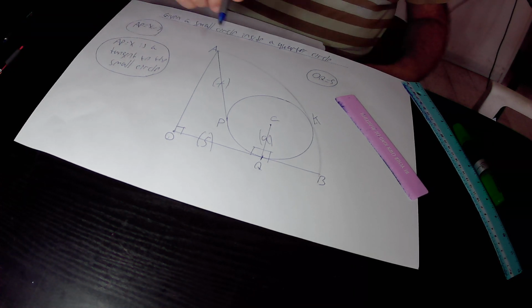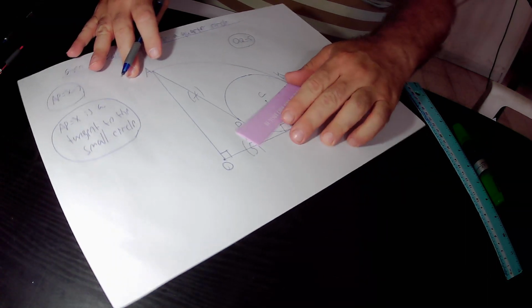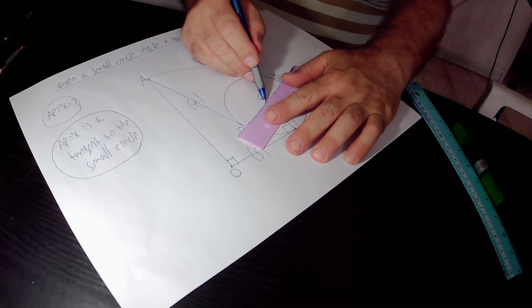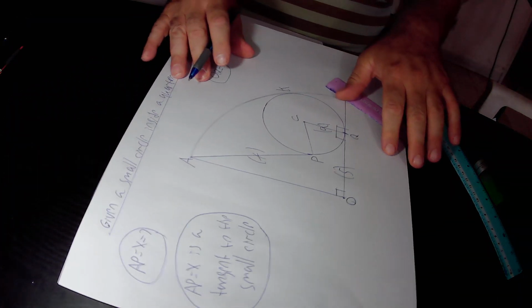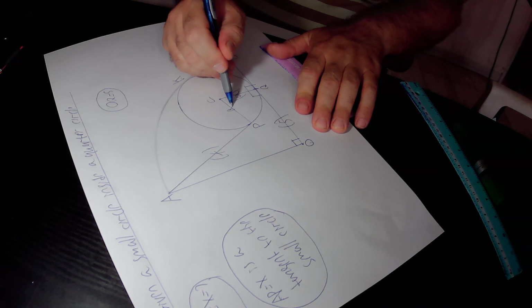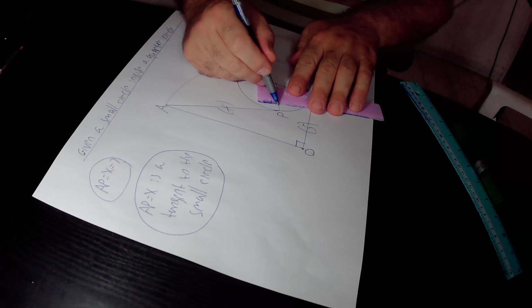In the next step, we join points C and P together by a straight line. CP is of course the radius of this small circle, equal to a, and according to the same rule 1, this angle equals 90 degrees.